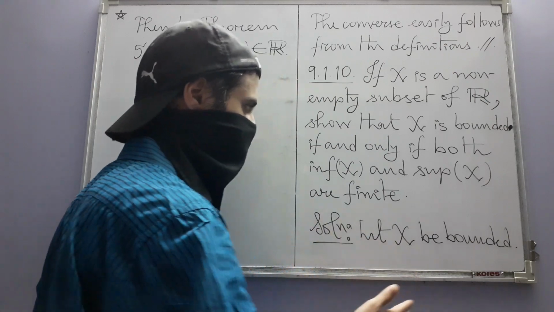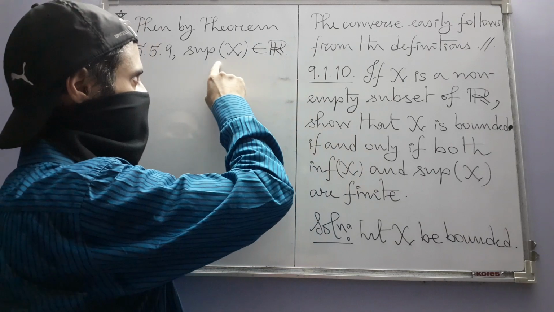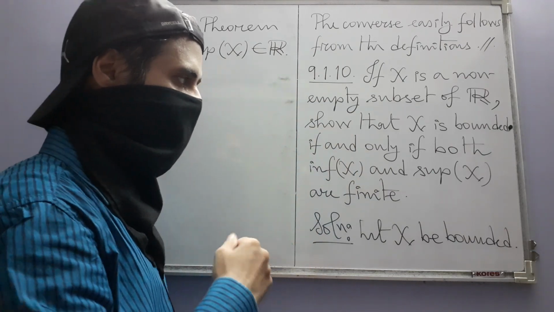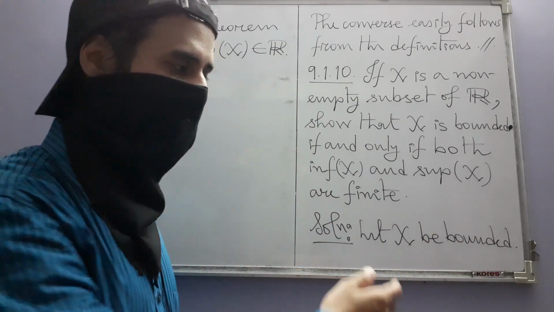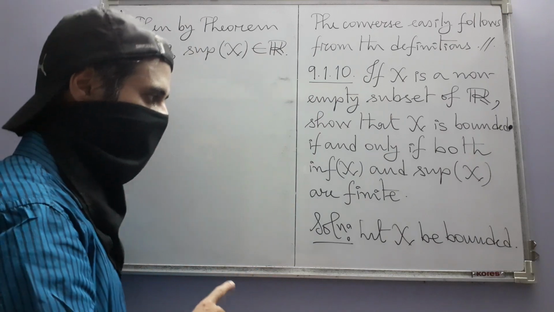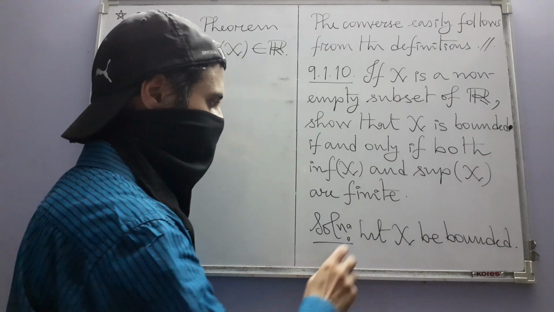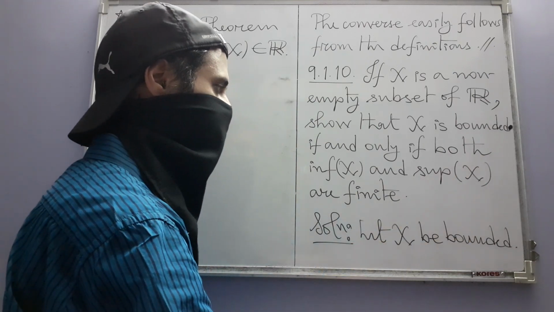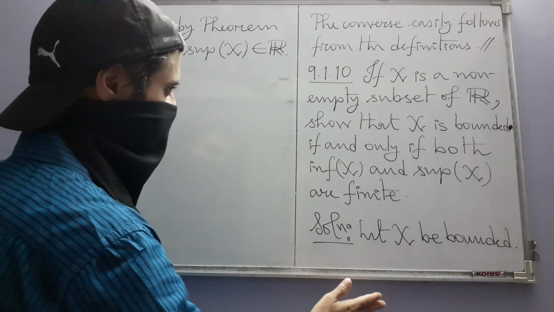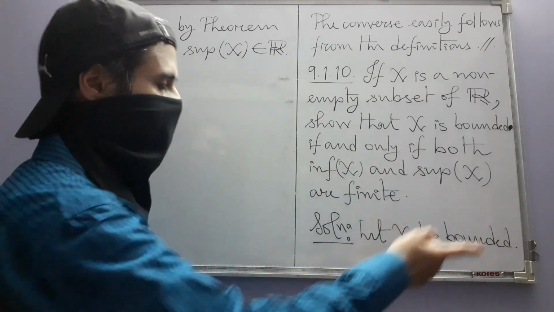X just needs to have an upper bound so that the supremum of X is a real number. But being non-empty, if X does not have an upper bound, then the supremum by definition is plus infinity. However, if you start with the empty set itself, then its supremum by definition is minus infinity. Okay, so among all these three cases, we are in that case where we have a non-empty set that has an upper bound.